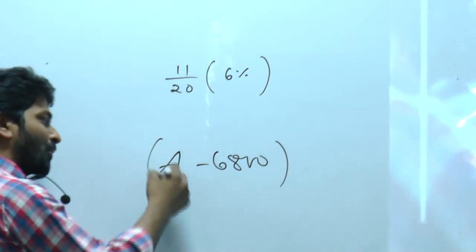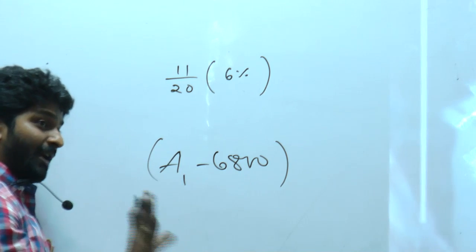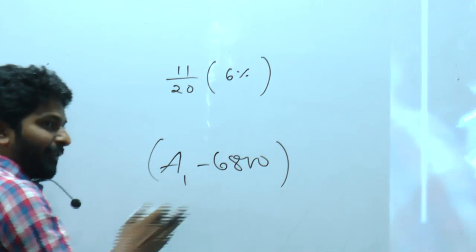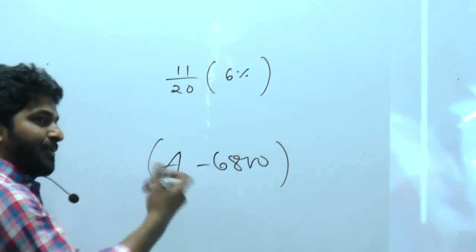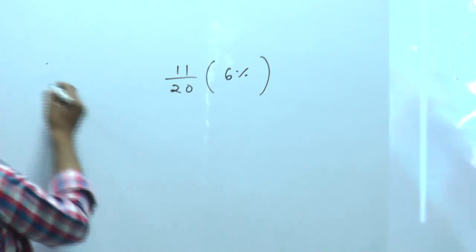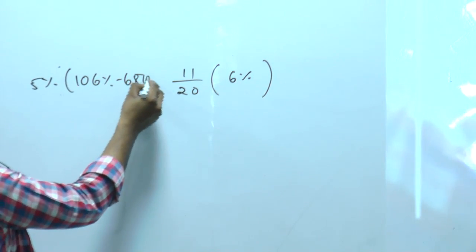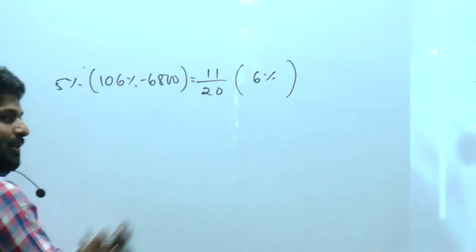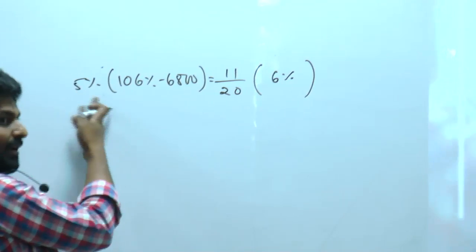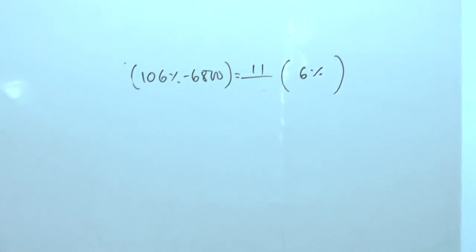On the remaining amount only you have to pay second year interest. How much is the second year interest? 5%. So on this you have to calculate 5%. What is the amount in terms of percentage? After 1 year, 106%. So 5% of 106% minus 6,800. This is equal to that much. 20 into, meaning 100%. Forget about these values and then calculate.